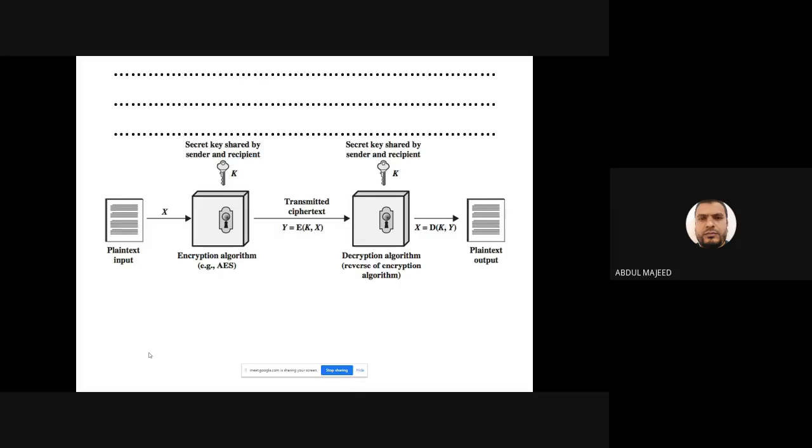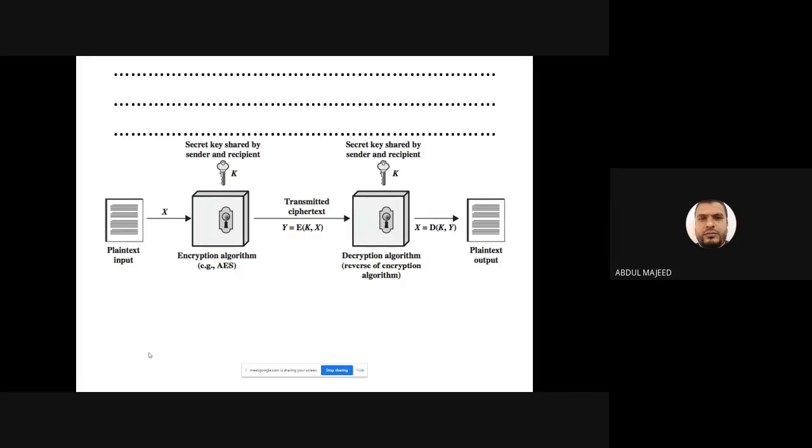How are we getting that cipher text? In mathematical form, Y equals E of K comma X. Here X is the plain text, your original message, and K is the key, the secret key, some random number we are taking.